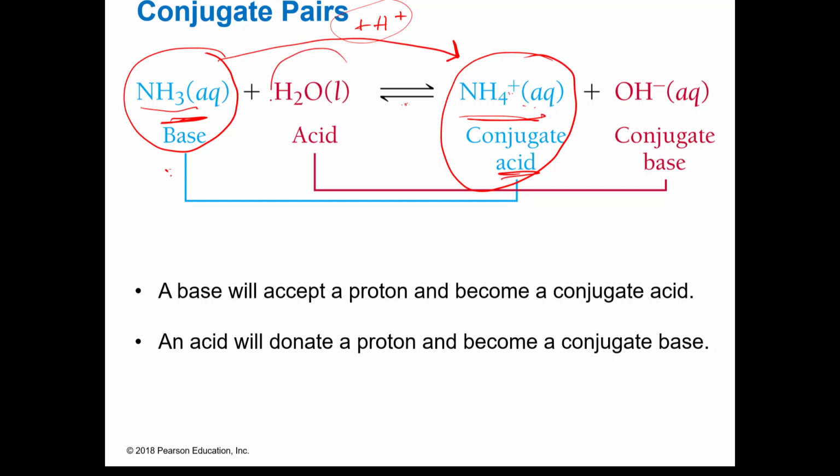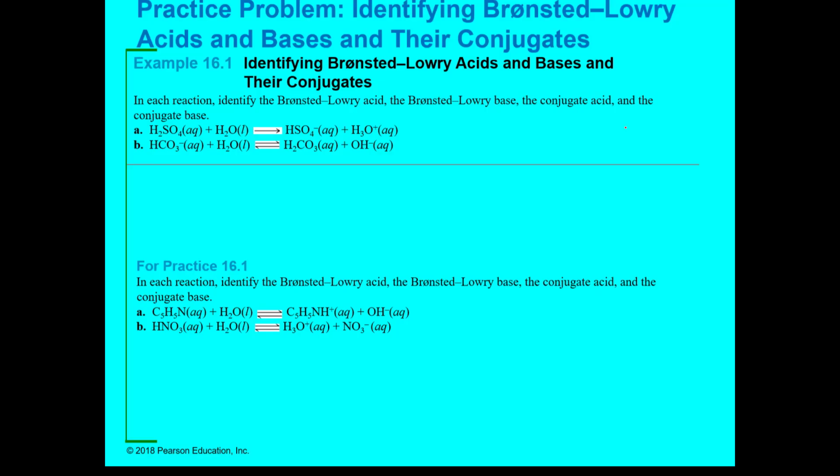We know that water must be the acid because if one is an acid, the other has to be a base. So the acid becomes the conjugate base. We just need to decide which is the acid, which is the conjugate base, which is the conjugate acid, which is the conjugate base.